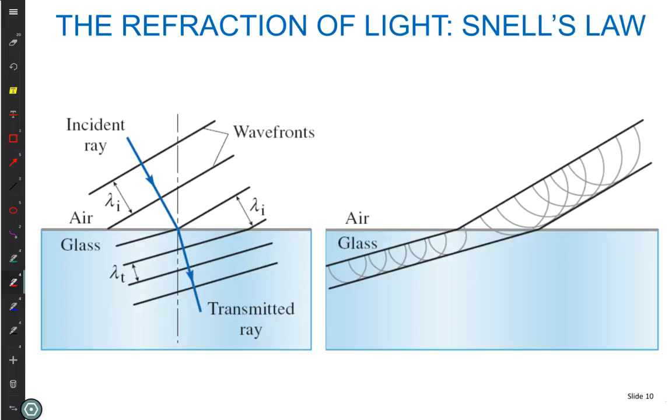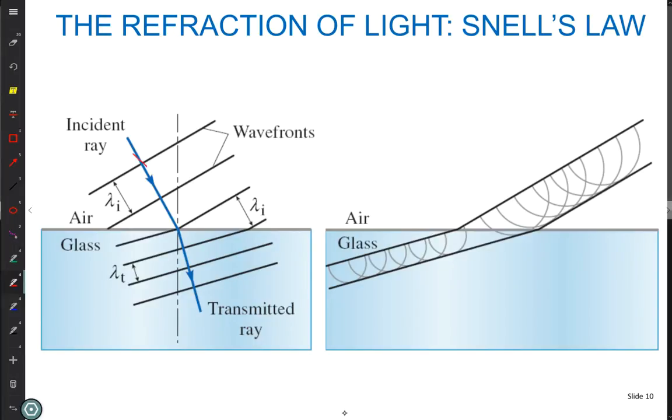In fact, not tomorrow, but a week from tomorrow in our calculus class, we will talk about the brachistochrone problem, about light traveling the shortest path. So the light bends into material that goes slower. It'll bend away from material that goes faster.